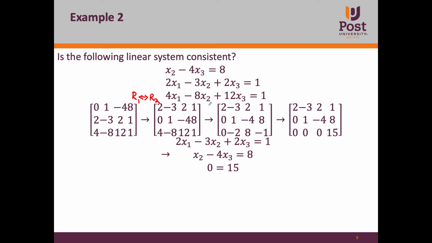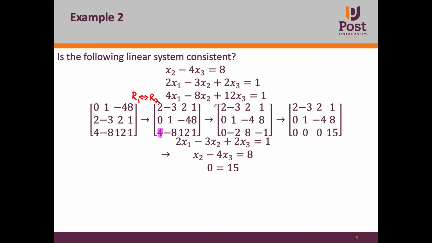Now to move to this next matrix, we already have a 0 in this spot. We want to make this 4 right here be a 0. And so, how are we going to do that? Well, looking at this first row, if we multiply by a negative 2, we get negative 4 here, and we'll be able to make a 0 where this 4 here is.